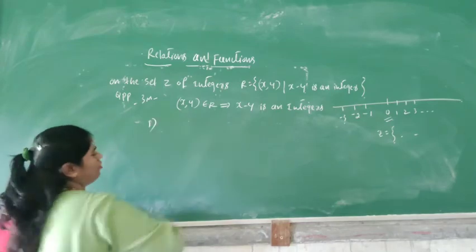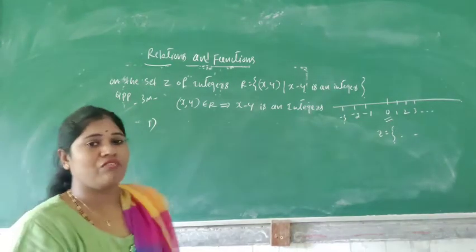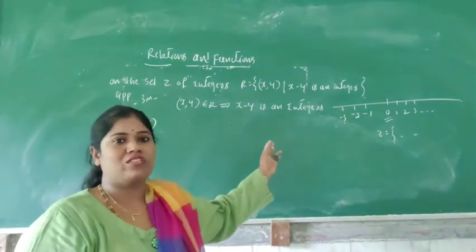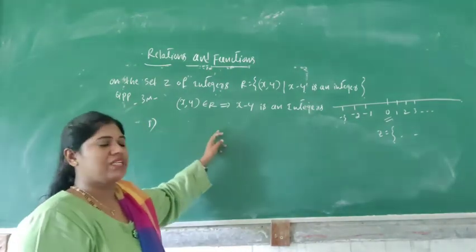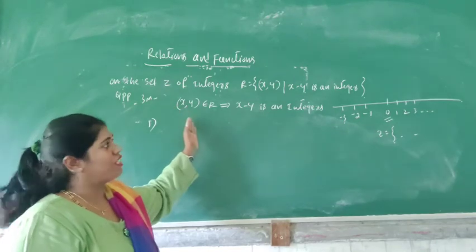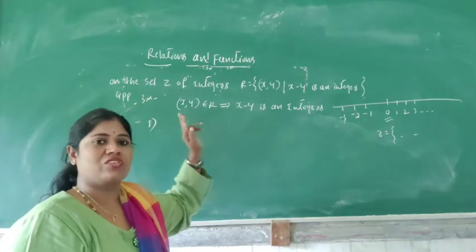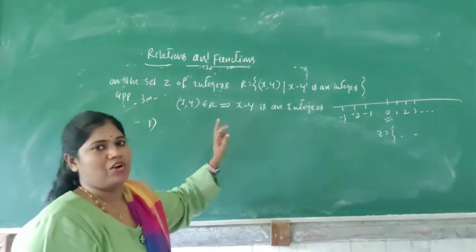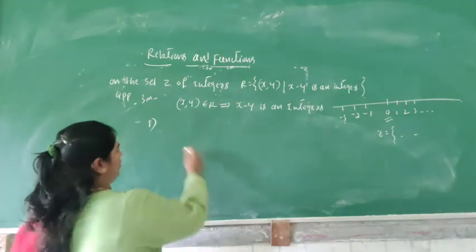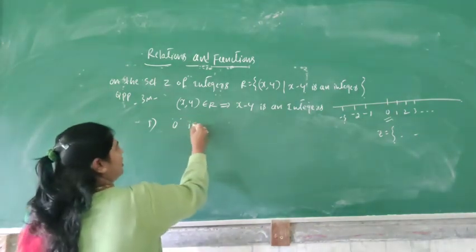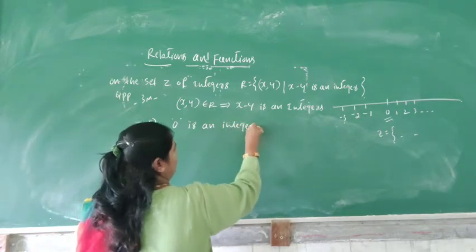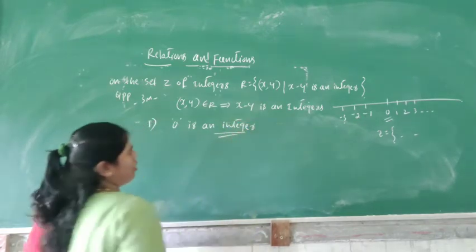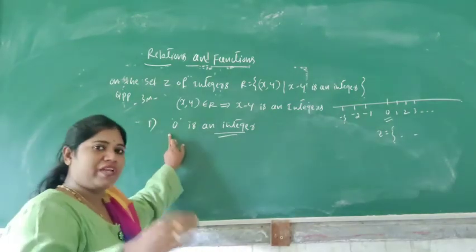So first we have to check for reflexive. What is the reflexive condition? It should be reflexive, symmetric and transitive. Reflexive means for all a belongs to A, (a, a) belongs to R. So 0 is an integer. How will 0 come? 0 is nothing but x minus x.